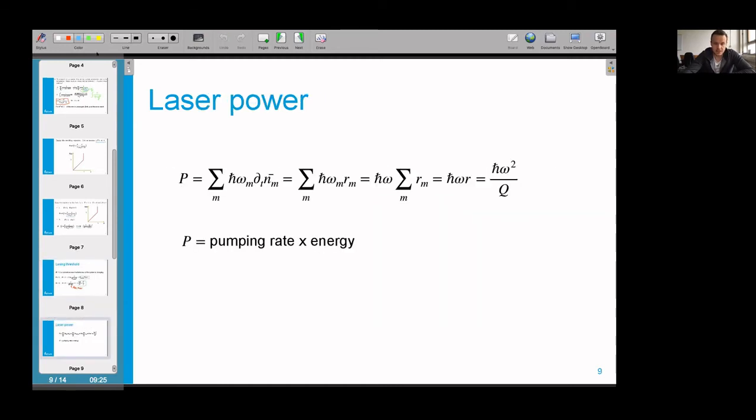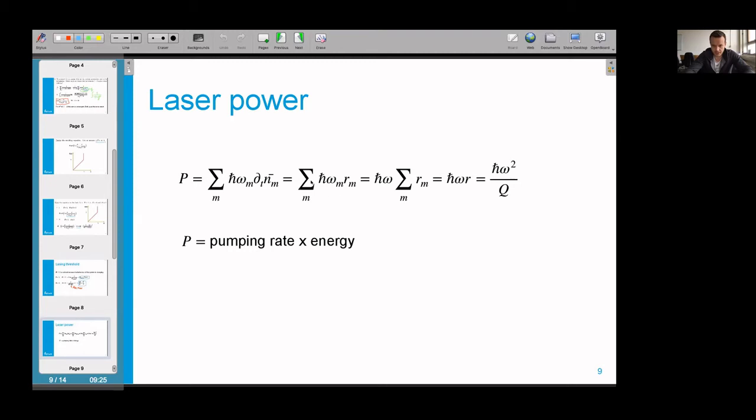And one of the last sub-questions, I have divided this question into sub-questions, is the laser power. By definition, we just have the sum over all energies of the optical modes, which will give you the total energy. And by definition, the power is the derivative with respect to time, or how the energy changes with respect to time.